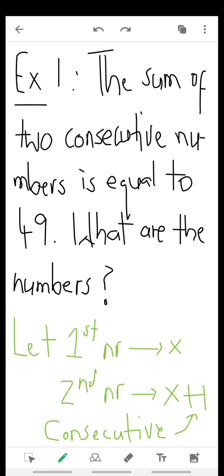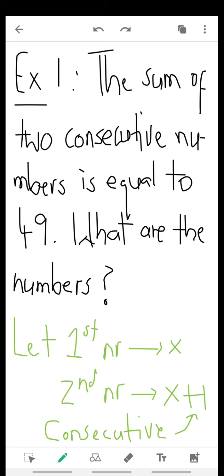Odd numbers also, if they are consecutive, will increase by 2, because it would be something like 1, 3, 5, 7, 9, 11, etc. Now, in this case, we are increasing by 1 because they didn't tell us whether the consecutive numbers are even or odd. So the sum of two consecutive numbers is equal to 49.